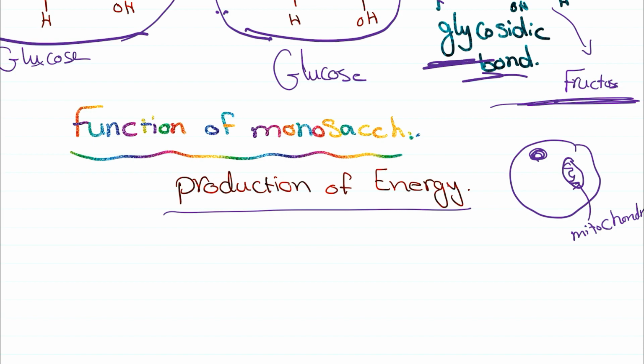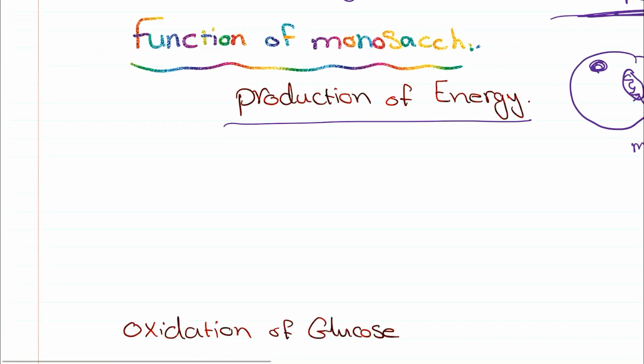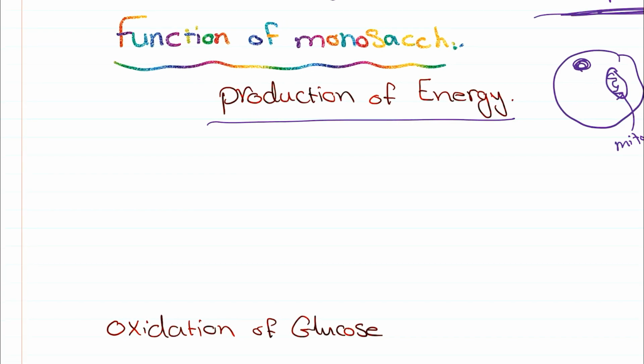Because we are breaking down the bonds between the carbons, this is the glucose. And as I told you, these are the carbon atoms. Because of the action of oxygen, the bonds between carbon atoms are broken down, leading to the release of energy.